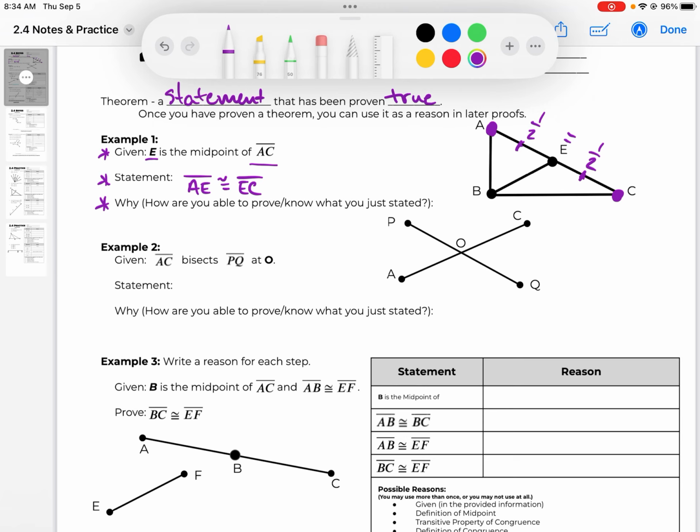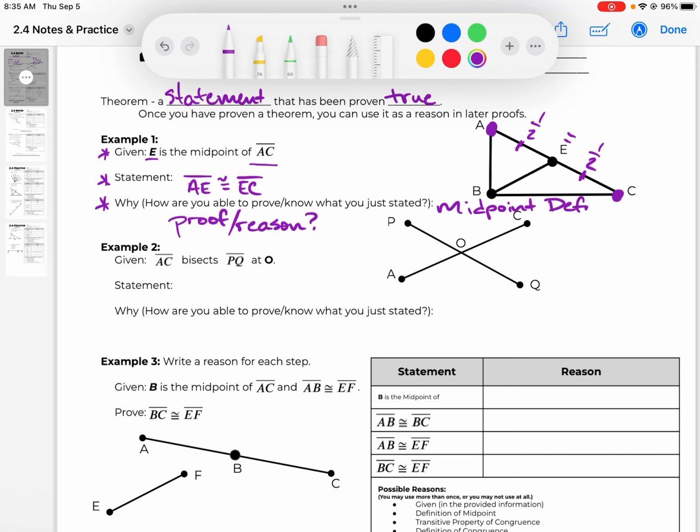And how do we know that? And what I mean by that is, how are you able to prove it? What's your reasoning for it? Okay, what's your proof or your reason for that? And for us, we would be using what we call the midpoint definition, or the definition of midpoint.